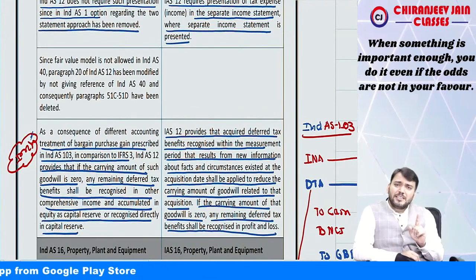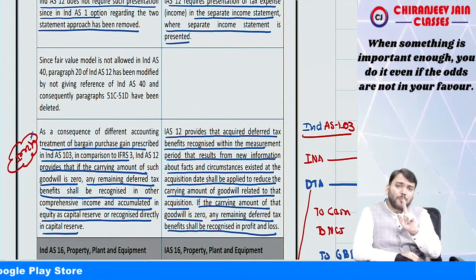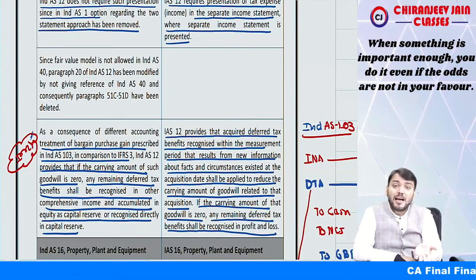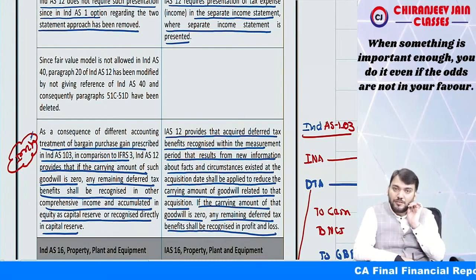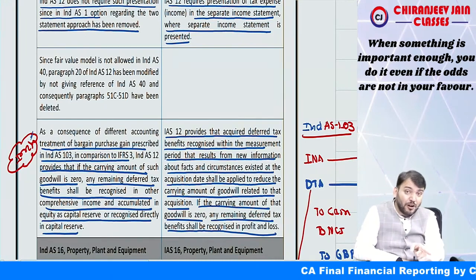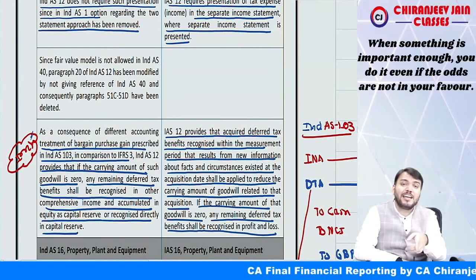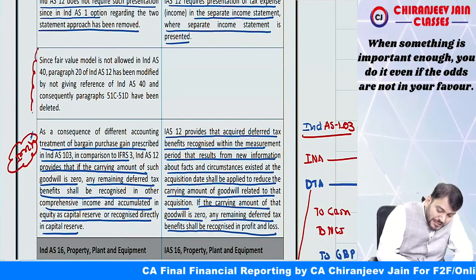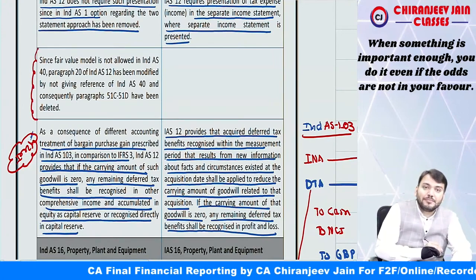Then I have already said that there is one option given under IAS 40 that investment property can be subsequently recognized either at cost model or revaluation model. But such an option has not been given under Ind AS 40. Because of that, one para has been modified under Ind AS 12.